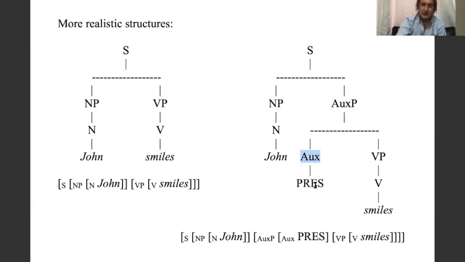Okay, so pres is present tense. And we certainly want to say something about how tense gets into structure, into a language. And this is one way to analyze that. And we haven't said anything about what to do about these structures.